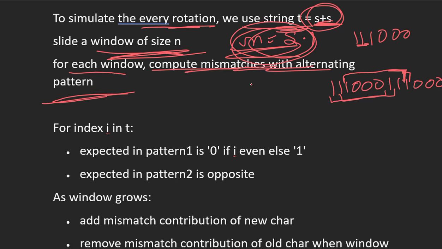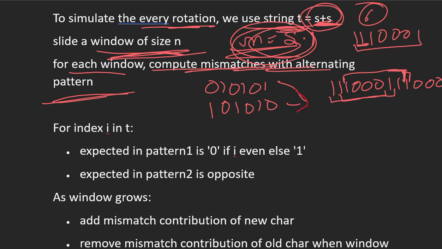Suppose 0 1 0 1 0 1, this is one pattern, here length is 6, or 1 0 1 0 1 0. So we'll find mismatches of these two patterns in the window, and then take the minimum of the two mismatches, right?